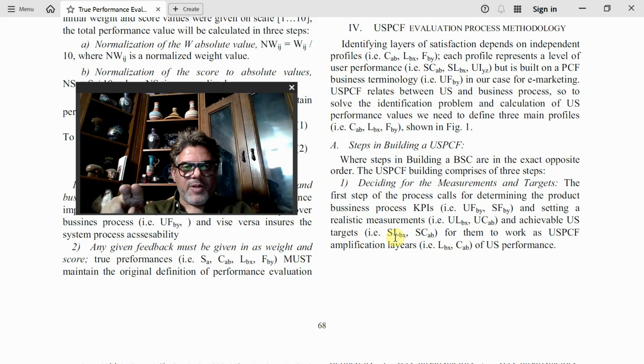But then, if the user likes these variables and requirements, he will give his satisfaction on the levels or categories. For them to work as the user satisfaction process classification framework amplification layers or inference layers. The amplification might be positive or might be negative of layers like levels or categories of the user satisfaction performance.